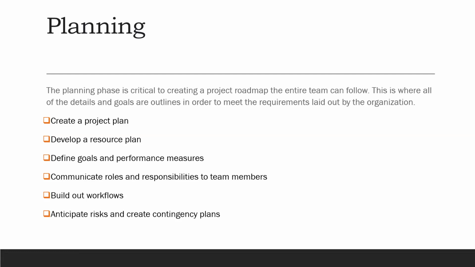So you create a plan, you develop a resource plan, and you define goals and performance measures. You communicate roles and responsibilities to team members. You build out workflows. This is a beautiful process where you build out your workflows, and you anticipate risks and create contingency plans.